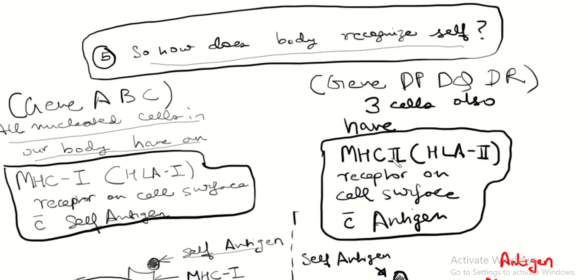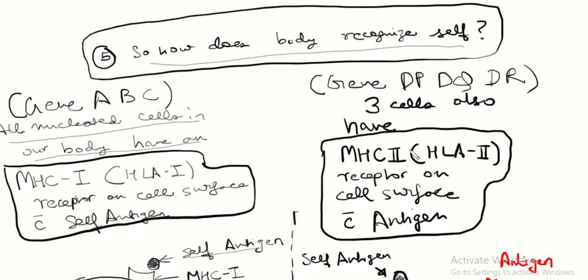And those three cells are dendritic cells, macrophages, and B cells. Remember B lymphocytes? That's the lymphoid line. And then remember the monocytes and macrophages and dendritic cells. So again, that's from the myeloid line.